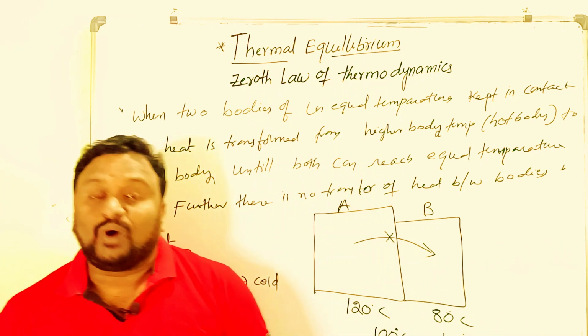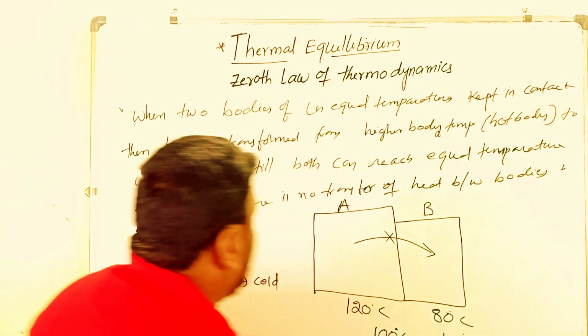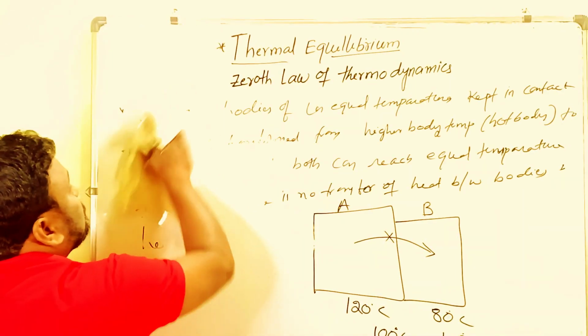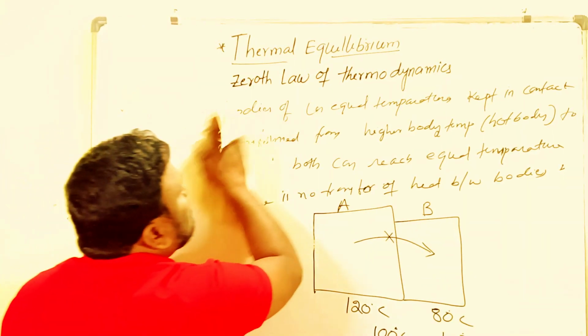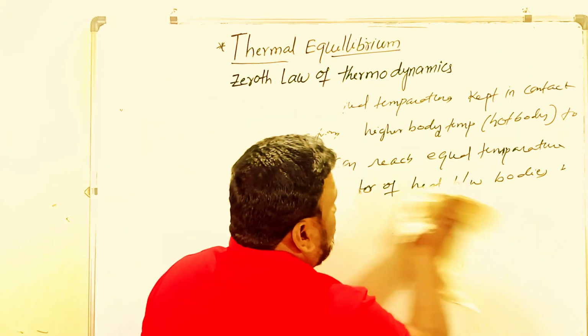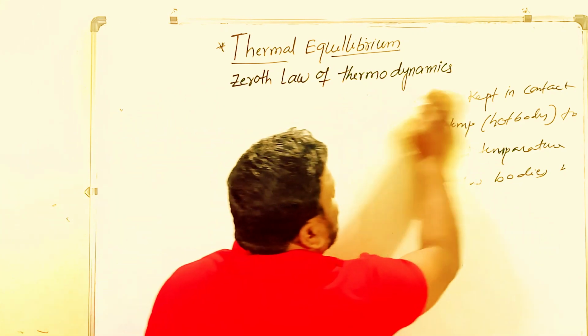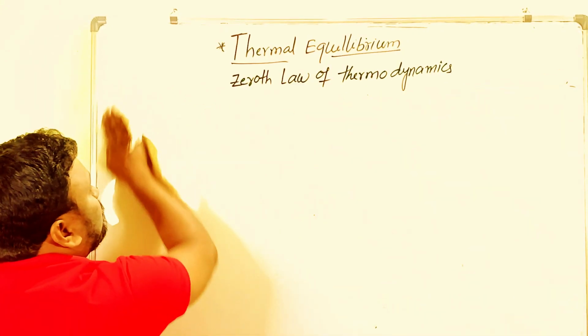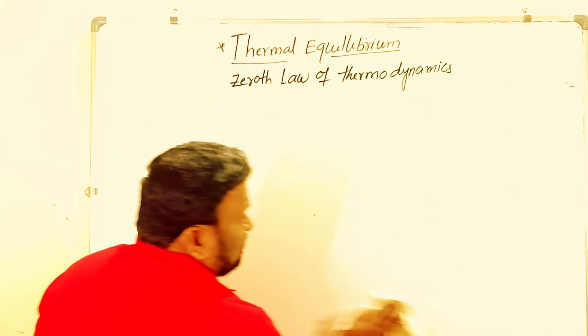Now let's see what the zeroth law of thermodynamics is. Children, it's very important for 2 marks, and it is also important for many applications in competitive exams, so watch very carefully.